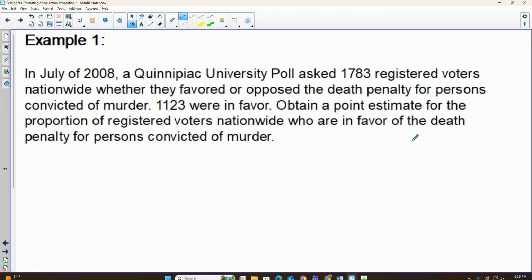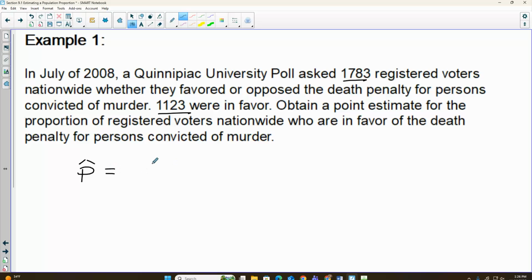In July of 2008, we had a poll that asked 1,783 registered voters nationwide whether they favored or opposed the death penalty for persons convicted of murder. 1,123 were in favor. Obtain a point estimate. When you see point estimate, what are you thinking? Yeah, it's a percent. For the proportion of registered voters nationwide who are in favor of the death penalty.